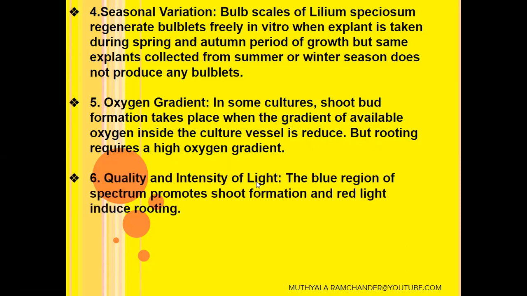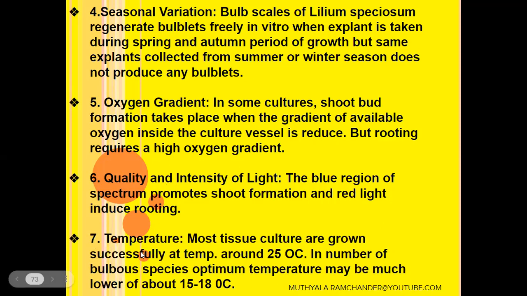Quality and density of light: the blue region of the spectrum promotes shoot formation and red light induces roots. Temperature: most tissue cultures are grown successfully at around 25 degrees Celsius. In a number of bulbous species, the optimum temperature may be much lower, about 15 to 18 degrees Celsius.